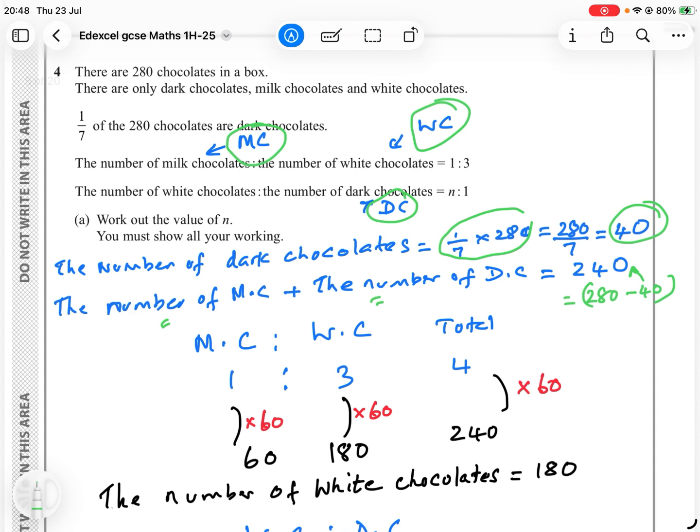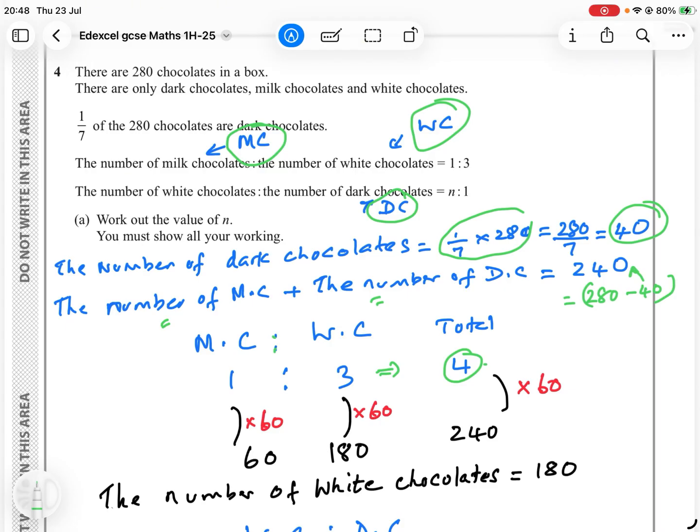Now, milk chocolate to white chocolate ratio is 1:3. So when you add them, 1 add 3 is 4. That means the total ratio is 4.